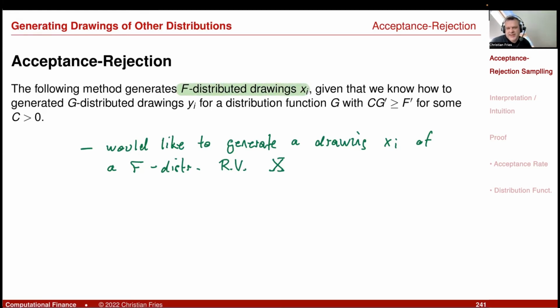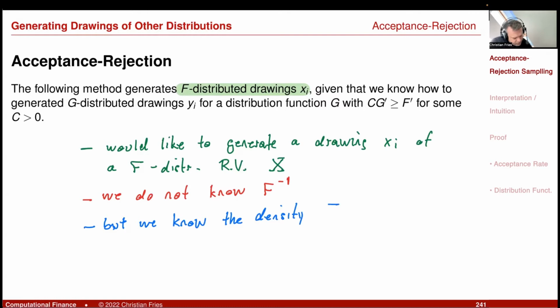The problem is I do not know F inverse. But I know the density of F. So I know the density F prime.